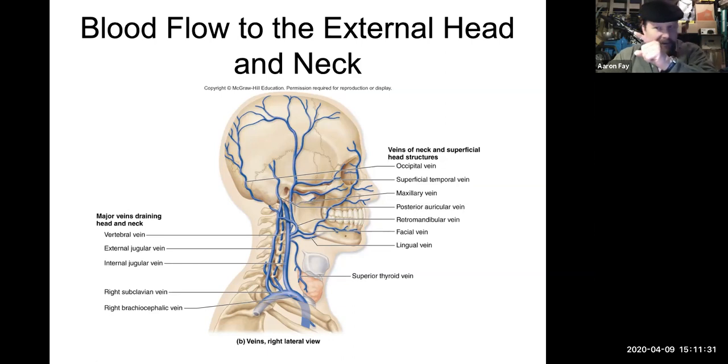We do have a common carotid. We do not have a common jugular. So remember that jugular foramen where the various sinuses are going to drain into, right? The dural venous sinuses drain blood out of the brain. Eventually they join to form the sigmoid sinus, which drains into the internal jugular vein. Well, here it is. And here's where it joins the subclavian vein, where these two fuse.